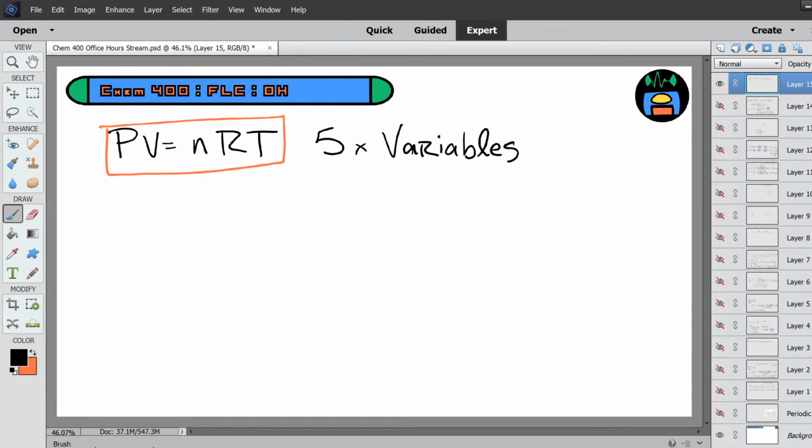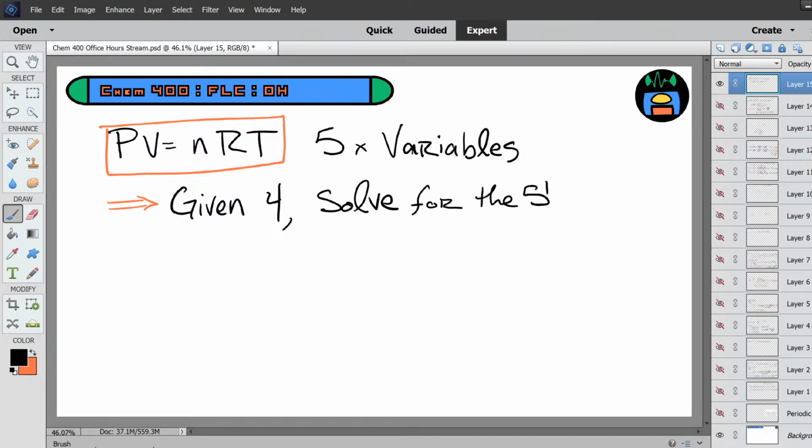Okay? And so algebraically speaking, there's a few scenarios. One, if you're given 4, you can solve for the 5th, right?